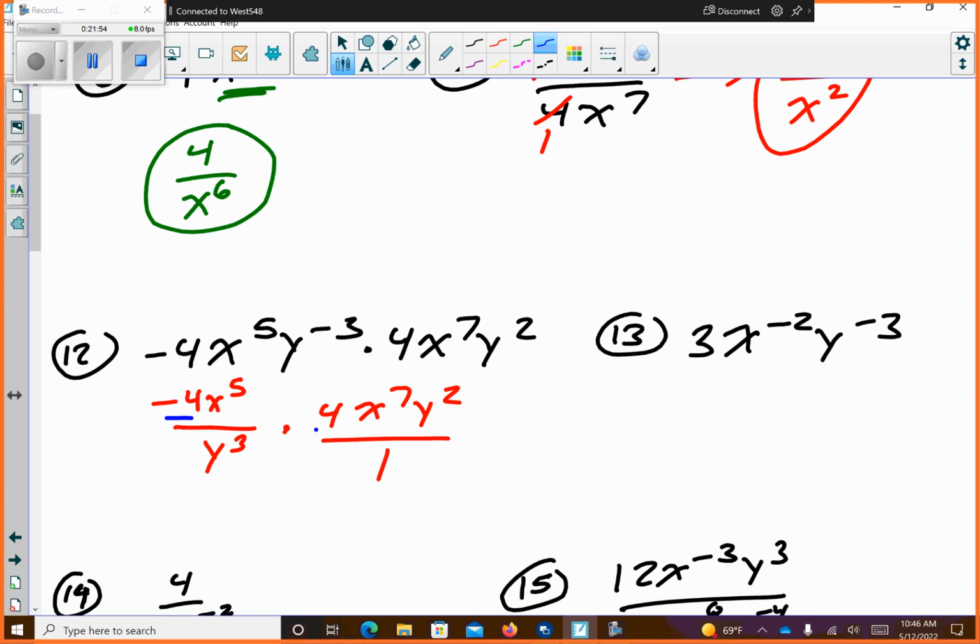So negative 4 times 4 is negative 16. Cool. How many x's does it appear we have up on top? I have 5 on the left side, and how many on the right side?